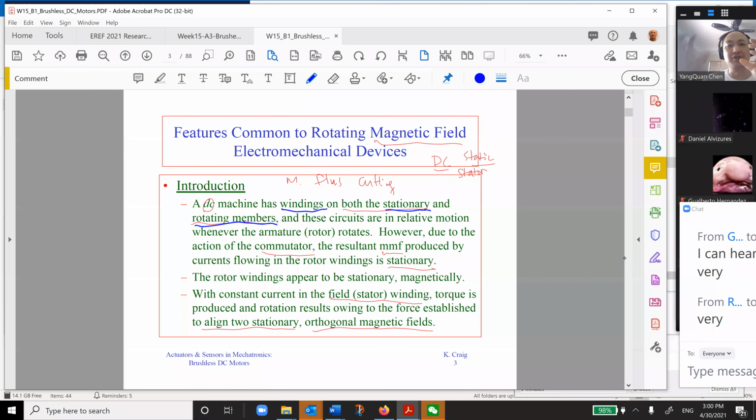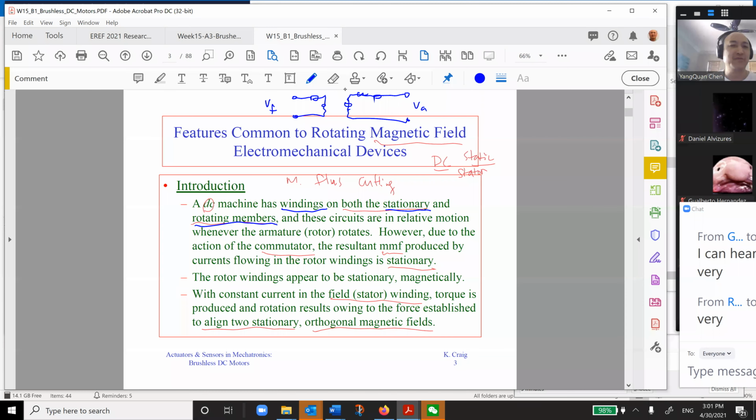On the field side, you have this winding, and on the rotation side, the armature side, you also have this one. So this is VA, this is VF. That is our DC motor: you have separate windings on the stator and rotor.